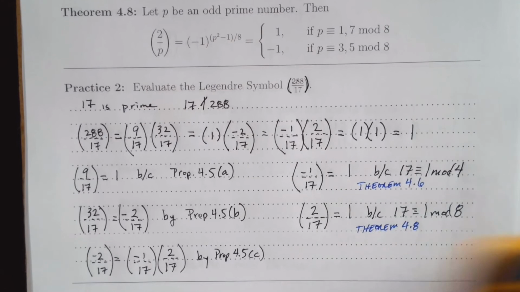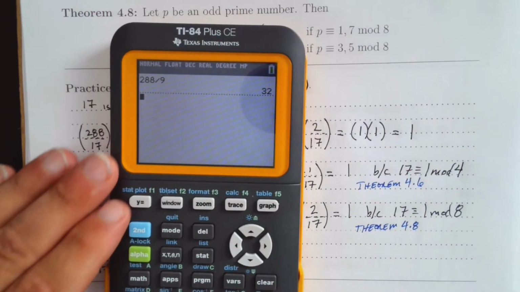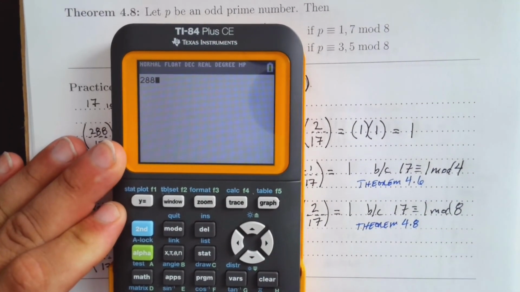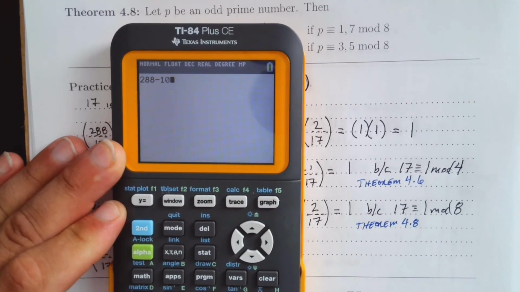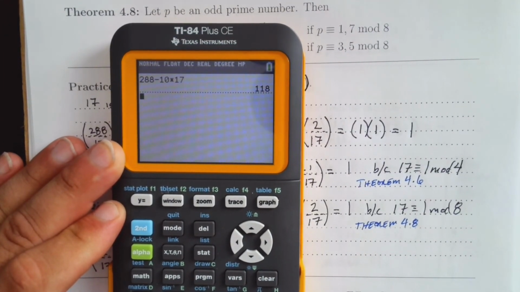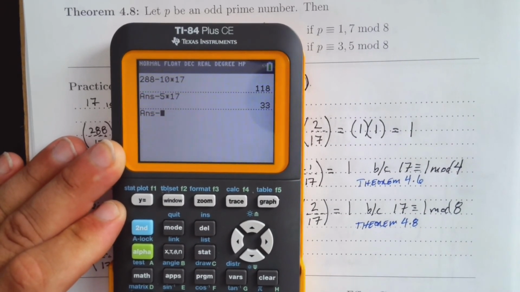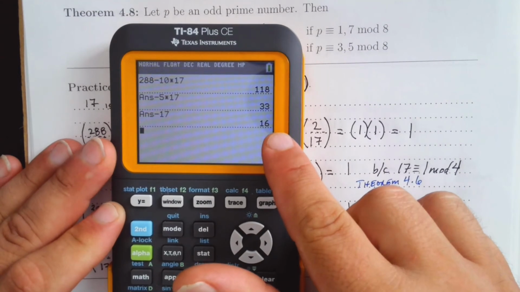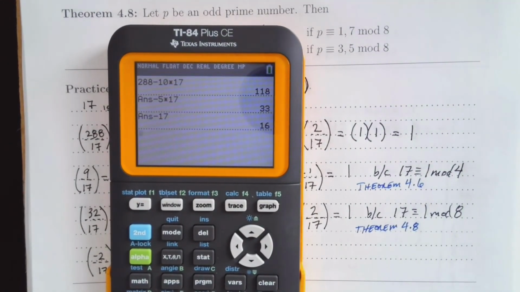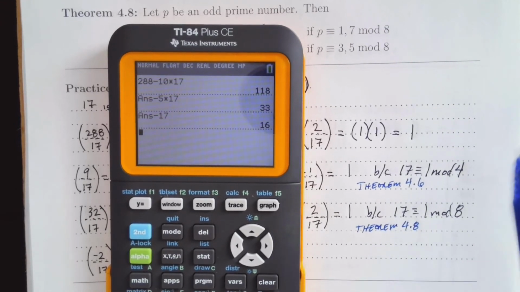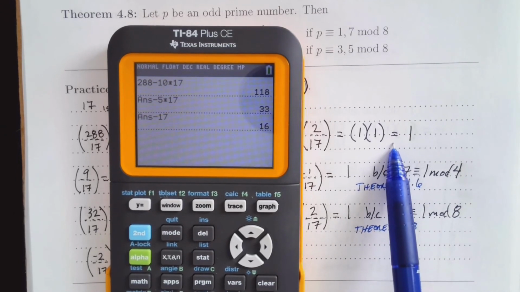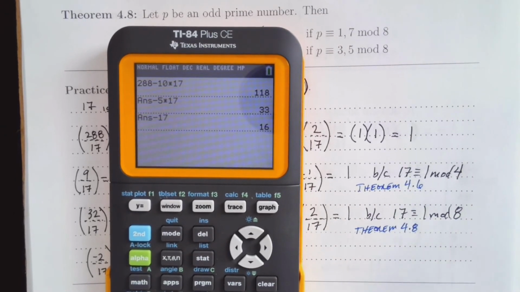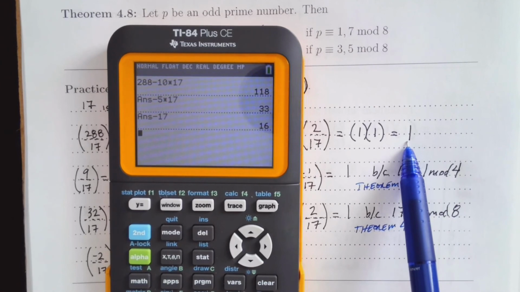That's telling us that 288, if I use my modular arithmetic, I can subtract 10 times 17, and I could subtract another 5 times 17, and subtract another 17, and we get 16. And we would see that 288 is going to be a quadratic residue modulo 17.